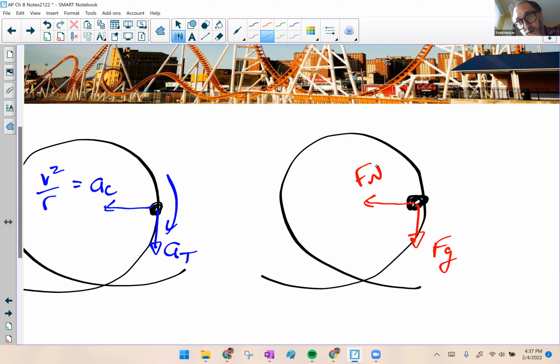Okay, so it looks like the normal force will be mass times centripetal acceleration, because that's the only centripetal force. And then gravity is my only tangential force.